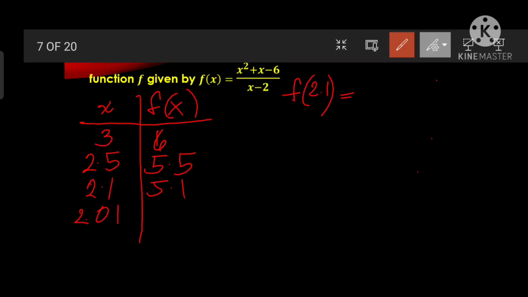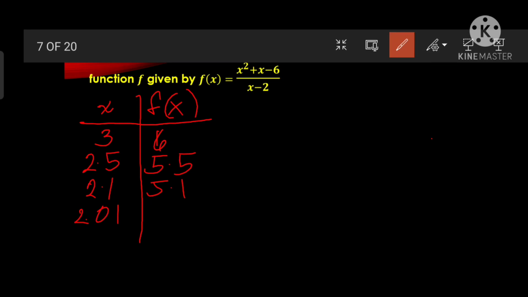Let's move it here a little bit to the left for more spaces.